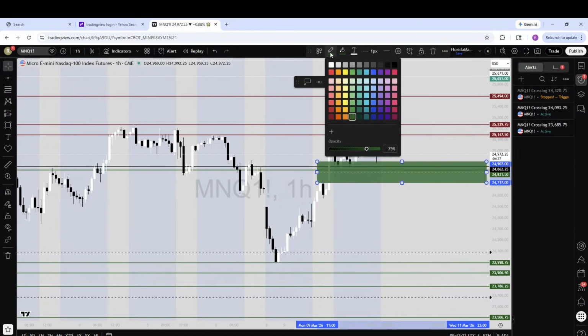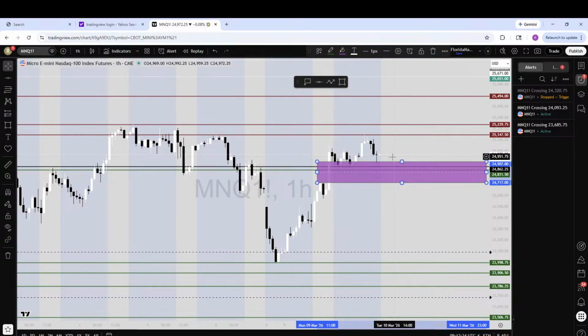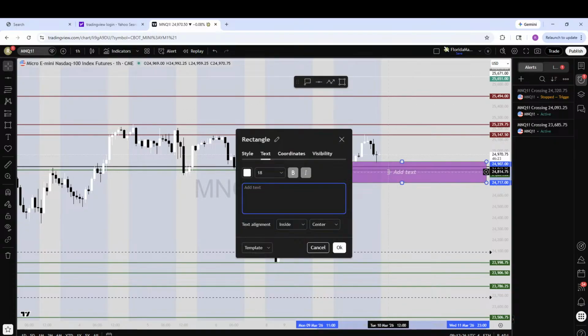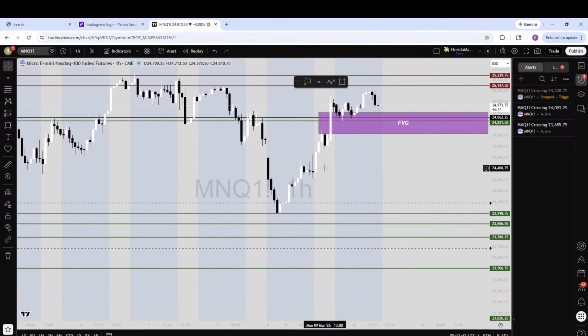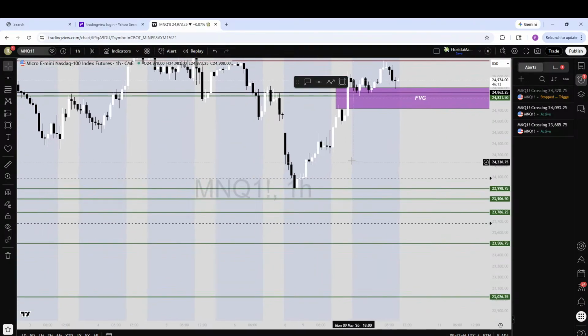I like that too. Fair value gap. Wait, no gap. I'm looking for gaps. Okay, I just found another one. Another gap right here.